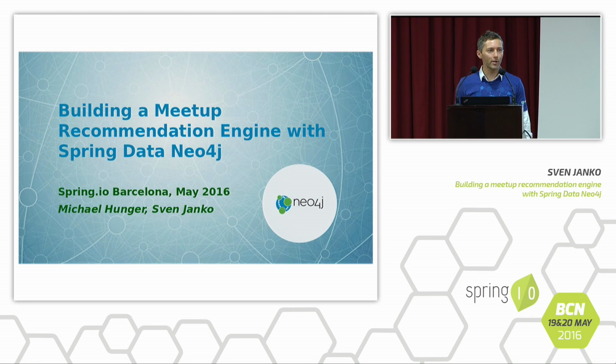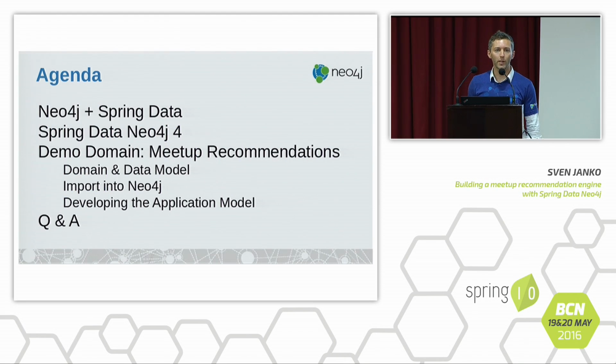So what are we talking about tonight? Well, it's all about the recommendation engine with Spring Data Neo4j in version 4. So let's have a quick look at the agenda for tonight. That's Neo4j and Spring Data. So I will talk about Neo4j, what is Neo4j, and I will give some notes on the Spring Data project.